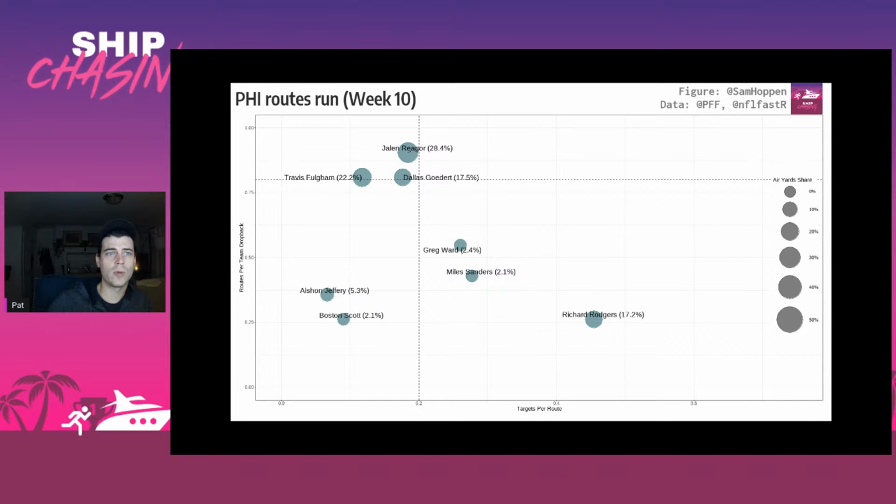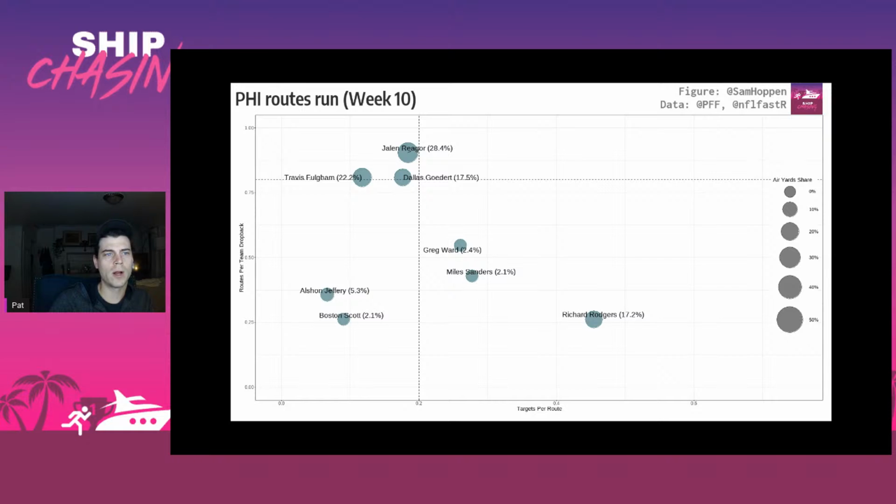Travis Fulgham with 83% there, 14% of the targets, 22% of air yards, a WOPR of 0.36. Interestingly, an ADOT of 15.8. He had been kind of more in the intermediate range previously, so he was a deep threat this week, which was a bit unexpected, even deeper than Reagor.